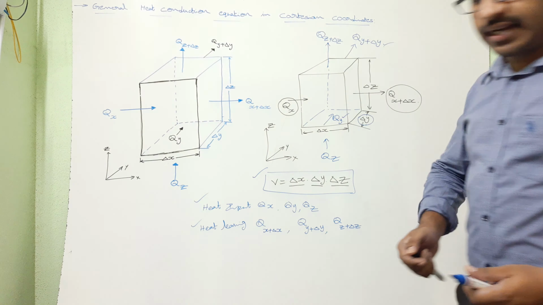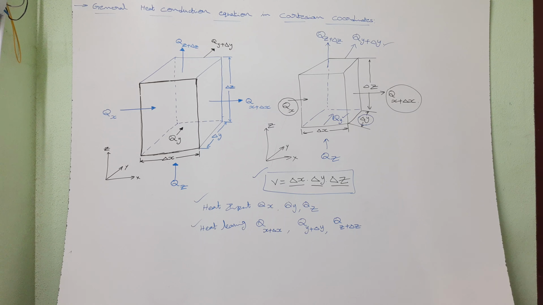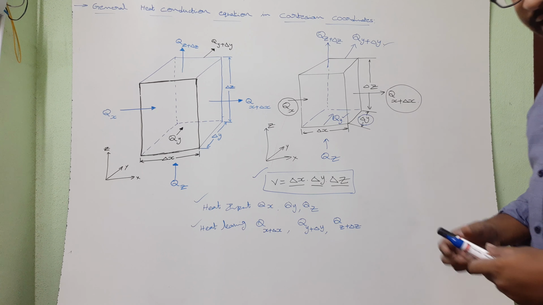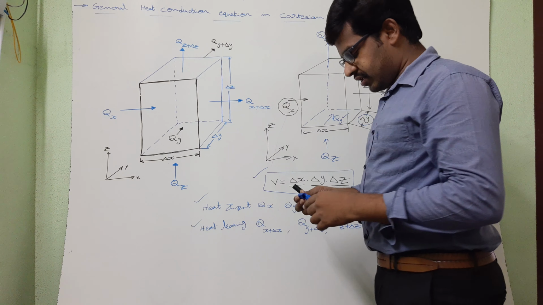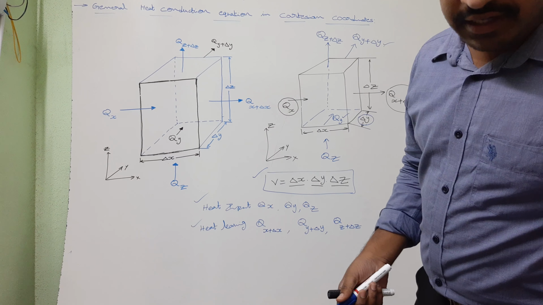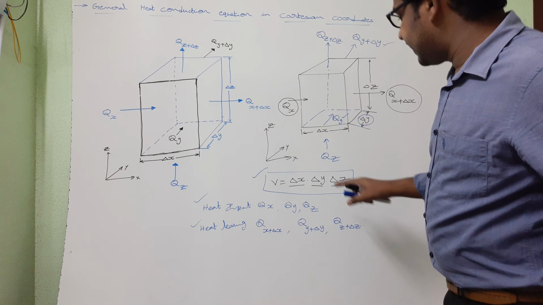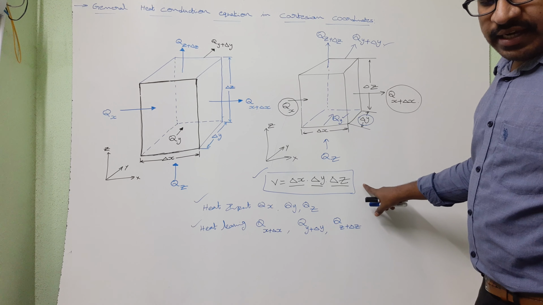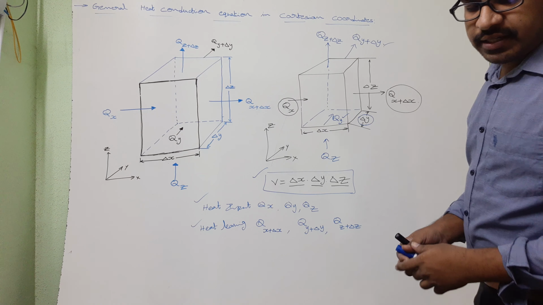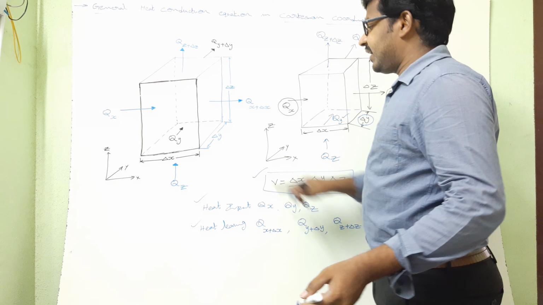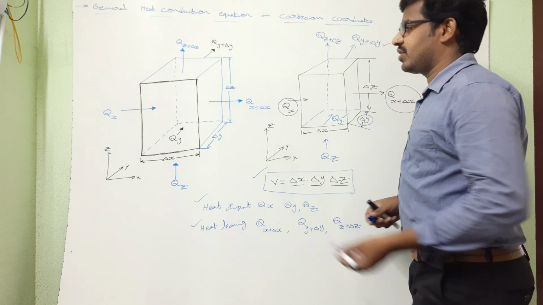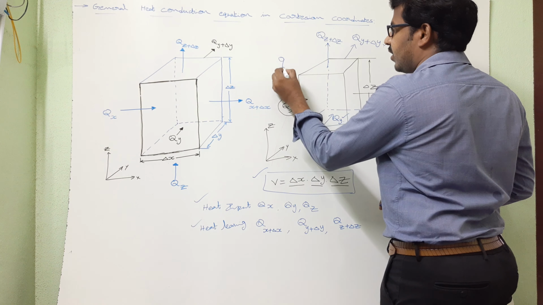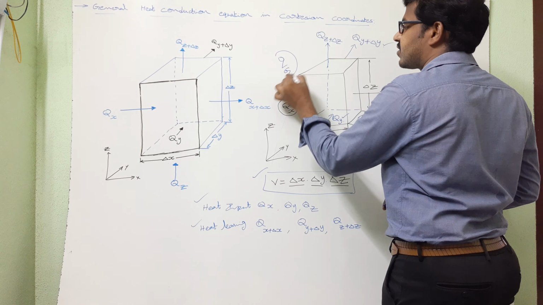Now we can calculate the Cartesian coordinate system derivation. Let us consider the volume as shown in the figure having dimensions delta x, delta y and delta z. We assume that the element has a certain internal heat energy, Qg.